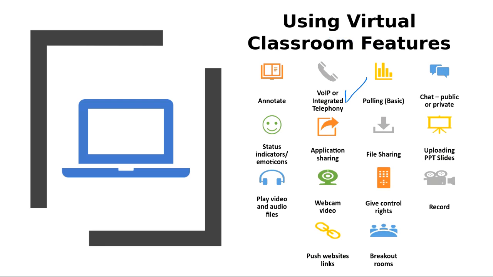Polling, we already did that, with both the Mentimeter tool and the polling feature in Collaborate. Chat, which can be public or private, and you've seen that here in the room. Status indicators or emoticons, and what I really like about Collaborate is the fun emojis that are available. We use that quite a bit in our sessions with the thumb.